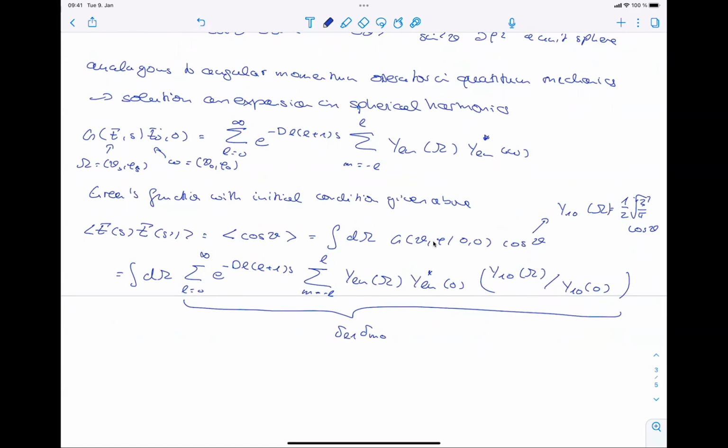Sorry, that went too far. This one. And then if we enter L equal 1 in here, doesn't matter, then we get a factor of 2.